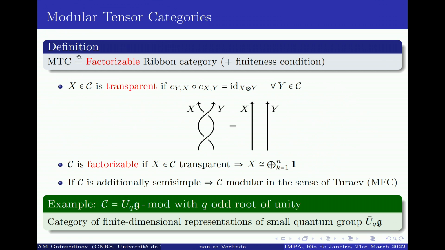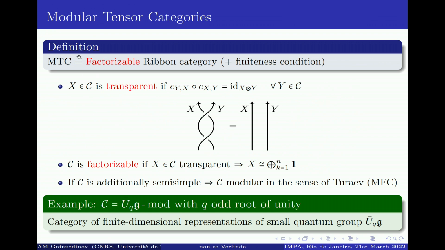So in a factorizable category, we have only trivial transparent objects. That's the condition of non-degeneracy of the braiding, or factorizable. If C is additionally semi-simple, so here it's not supposed to be semi-simple, but if it is, then this notion of modularity is the same as Turaev's in terms of the S matrix that I drew.